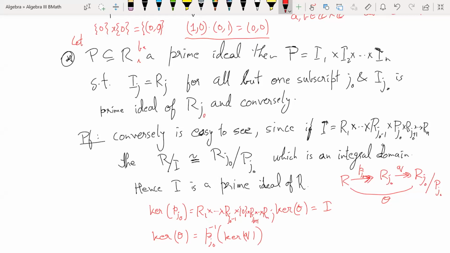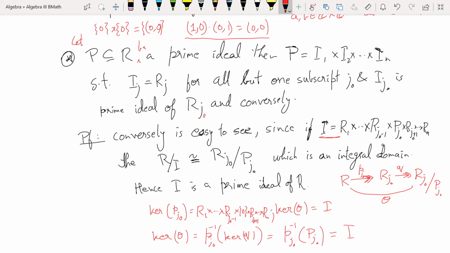If theta is the composition of these two maps, and the kernel of Q is P_j0, then this is p_j0 inverse of capital P_j0, where capital P_j0 is this prime ideal. And this means that in all the other factors, you can have an arbitrary element of these rings, so this is precisely I. By the first isomorphism theorem, you get this isomorphism.